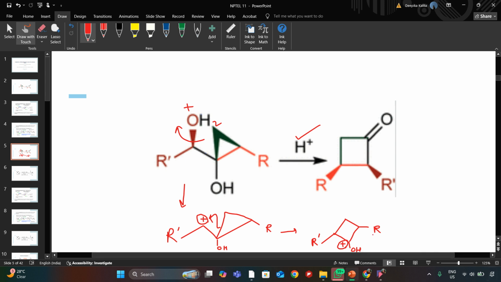After this step, the oxygen lone pair is going to donate electron pairs towards the carbocation and we will get the second oxonium in the reaction.